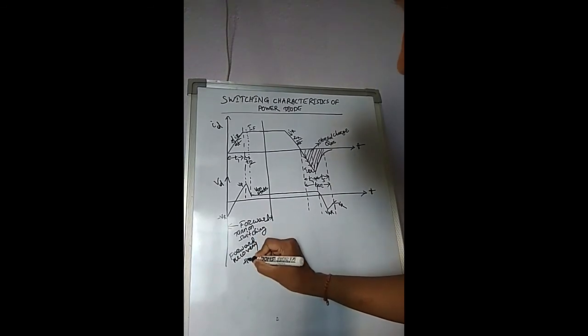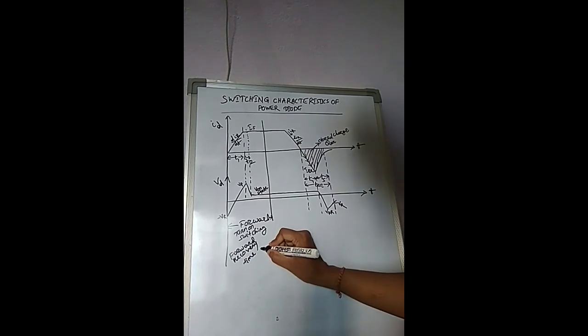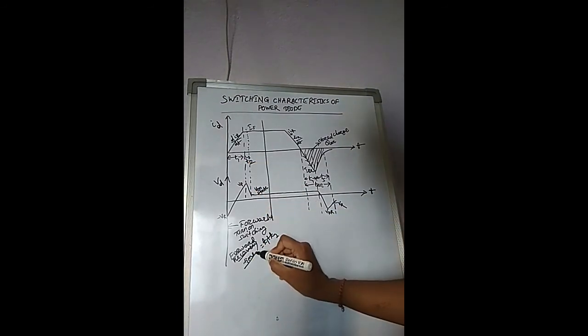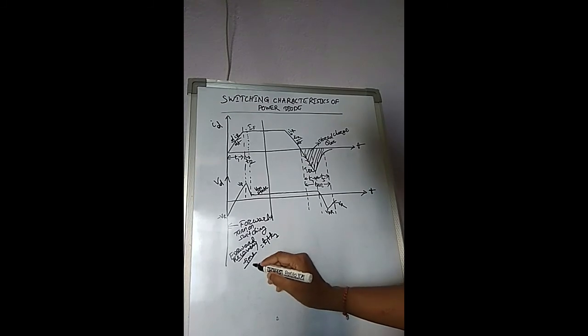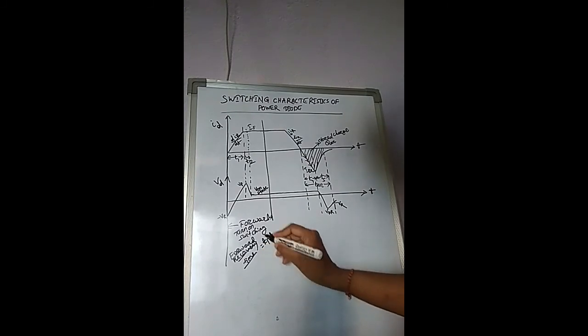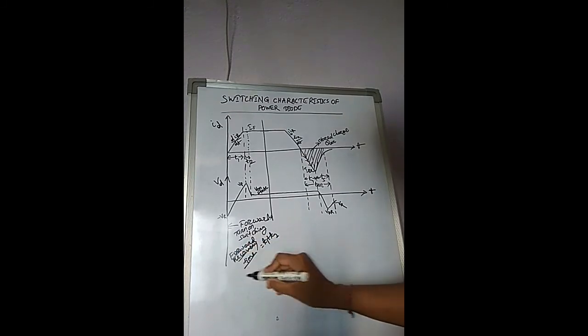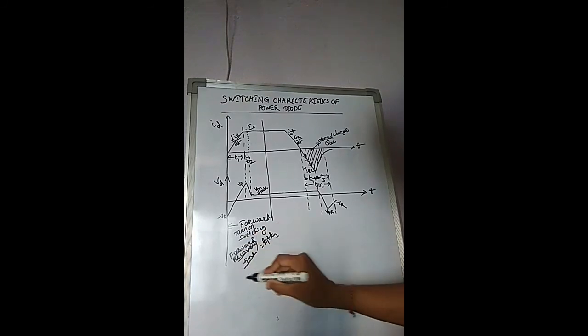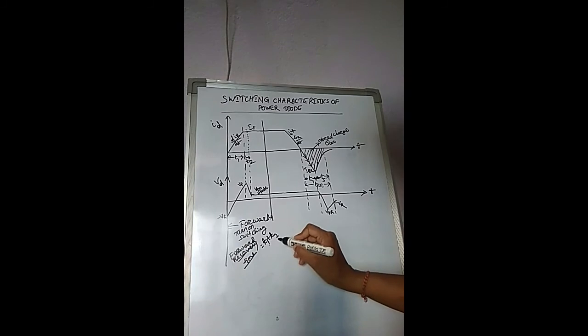Forward recovery time is the time required by the diode to turn on. Forward recovery time is the time required to turn on the power diode. This time is T1 plus T2.